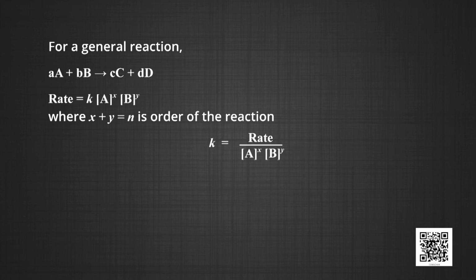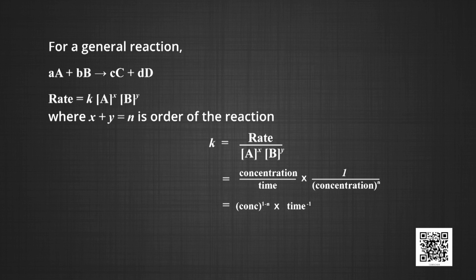Now, k equals rate divided by [A]^x [B]^y, that is, concentration upon time into 1 upon concentration raised to power n. It will be equal to concentration raised to power 1 minus n into time raised to power minus 1.